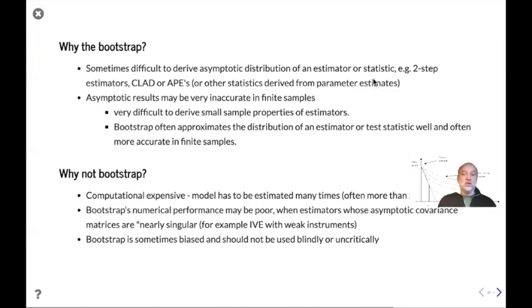And then you've got your CLAD estimators, average partial effects, just a bunch of other statistics, but sometimes it can be difficult to derive what the asymptotic distribution is. And then asymptotics may actually be inaccurate in finite samples, as you don't know what it's converging at, a rate root n to the asymptotic normal.